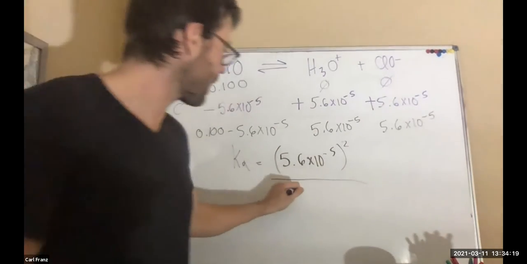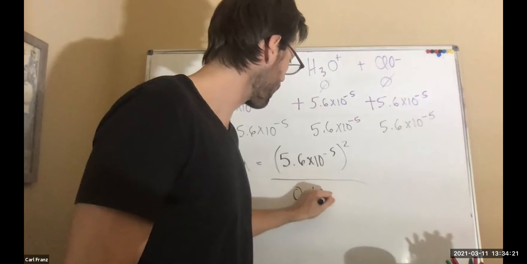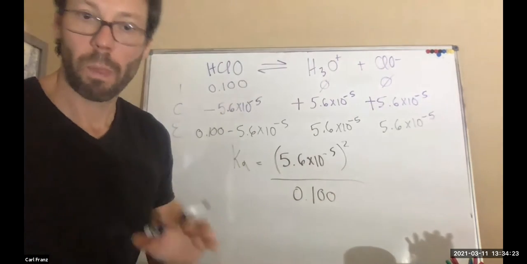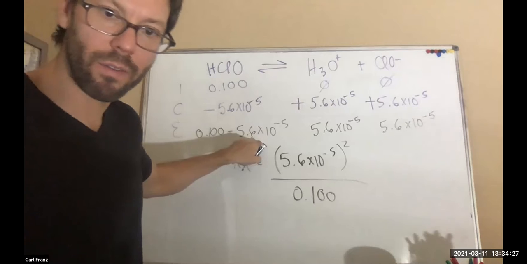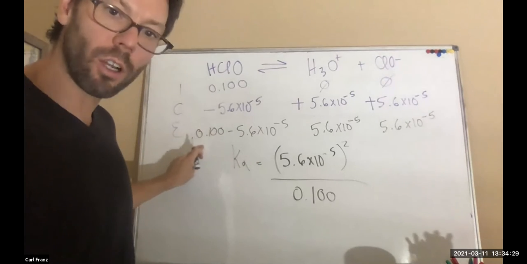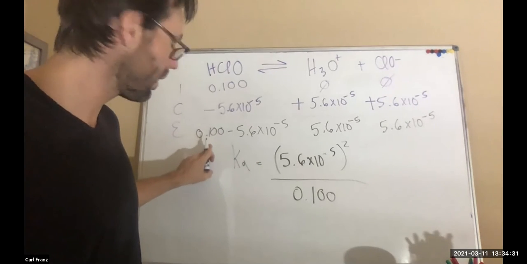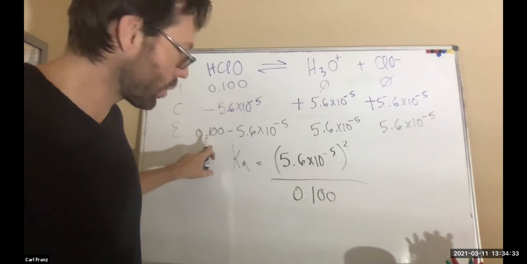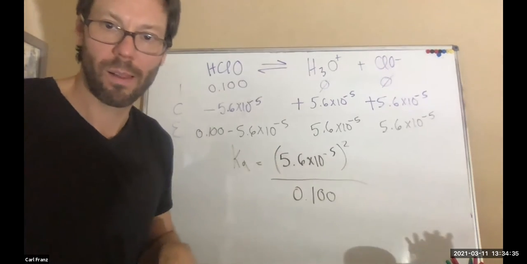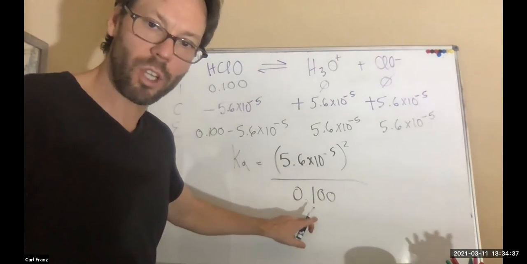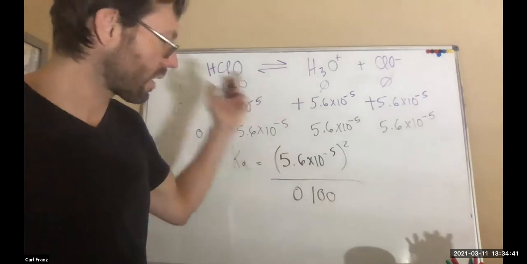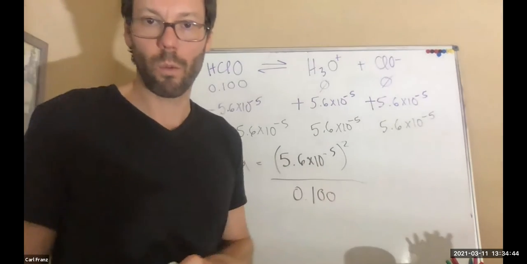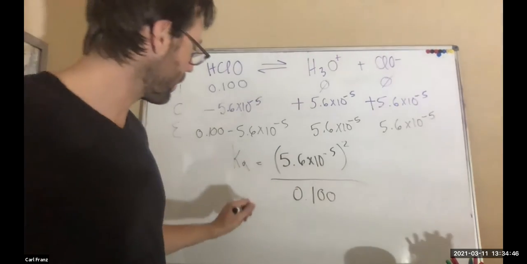And here, I think it's safe to say we could just write it as 1.00. Why? Because this number, 5.6 times 10 to the negative 5, isn't even going to change our significant figures here, right? So you could do that, but it's not going to change this number at all, really. So we can just shorthand it if you want. And what do we get when we do that?